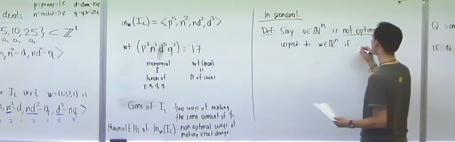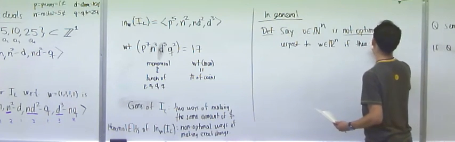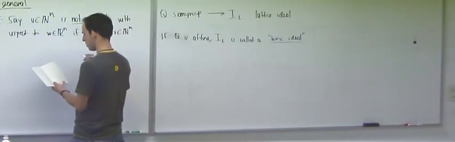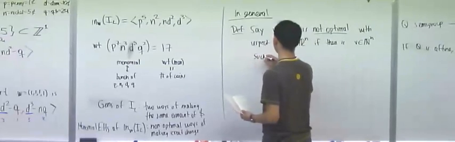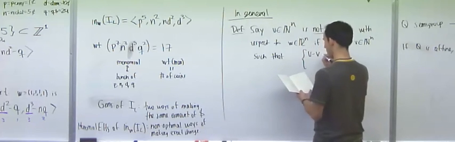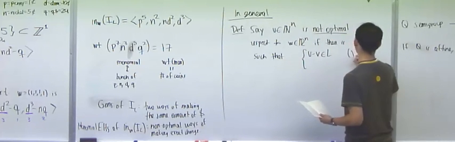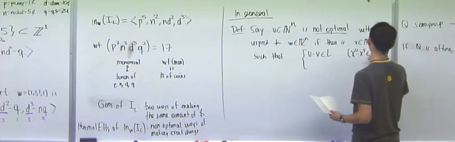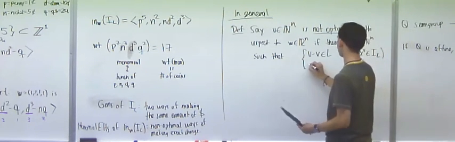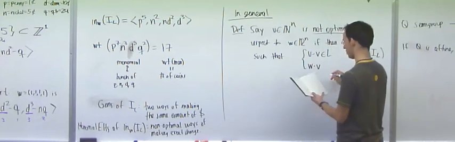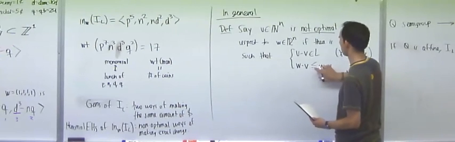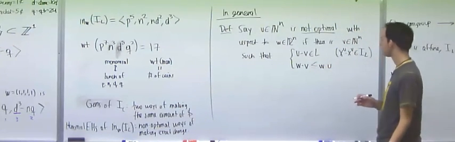And what this means is if there is v in N to the n such that u minus v is in the lattice. In other words, x to the u minus x to the v is in the ideal, and the weight of v is strictly less than the weight of u.